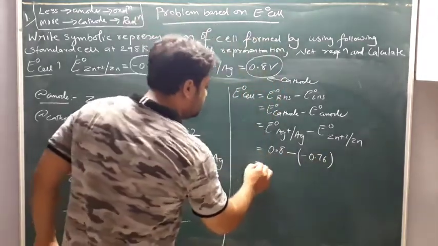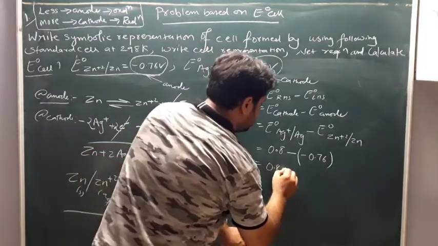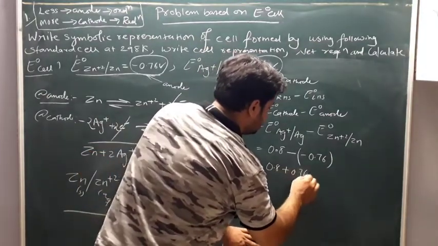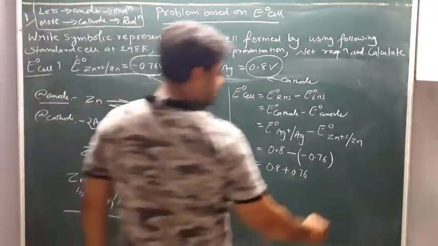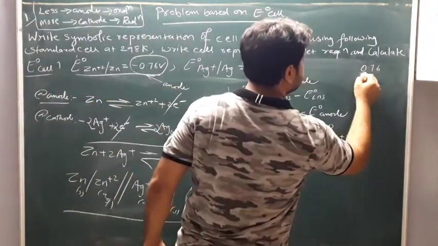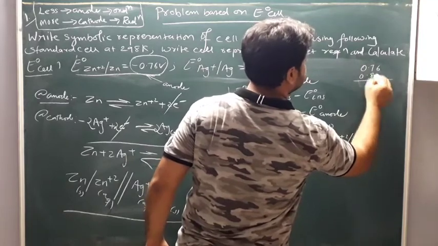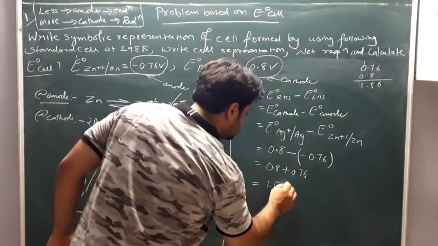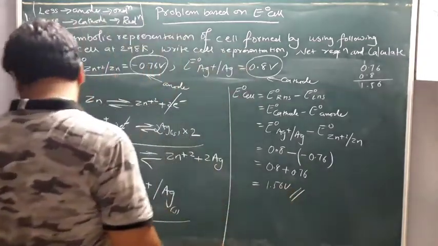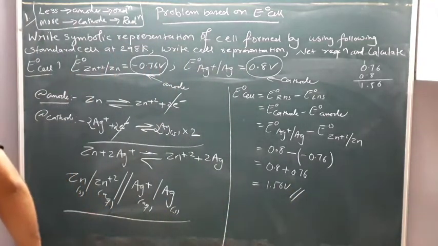So 0.8 plus 0.76, add it, and the answer will be 1.56 volt. So you can copy it down.